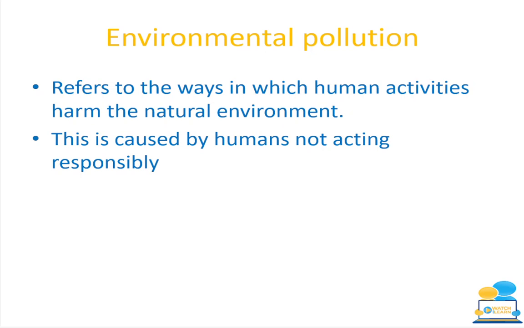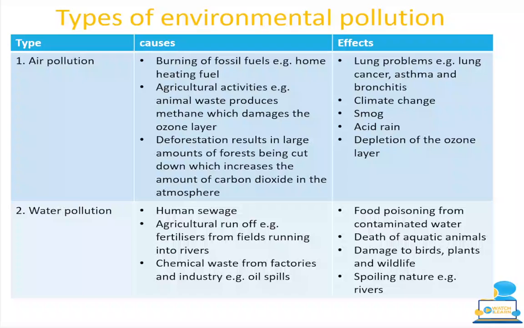So basically, environmental pollution is because humans are not acting responsibly. So during COVID, when people were wearing masks en masse, people just threw them everywhere, and then they ended up in the oceans, and then they got trapped in seabirds and turtles and everything, and they were killing them, and that's all because we were polluting the environment. So you need to be able to explain what environmental pollution is.